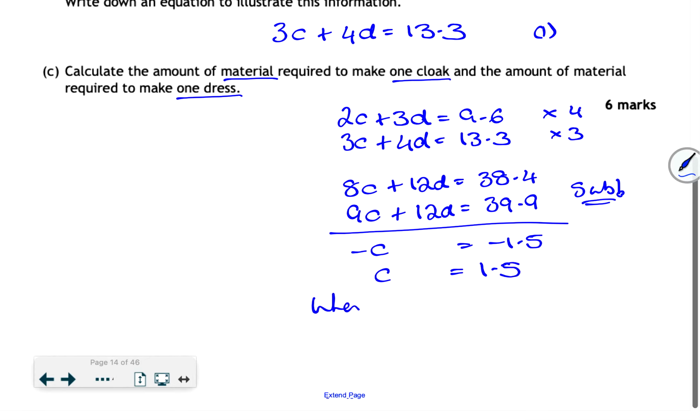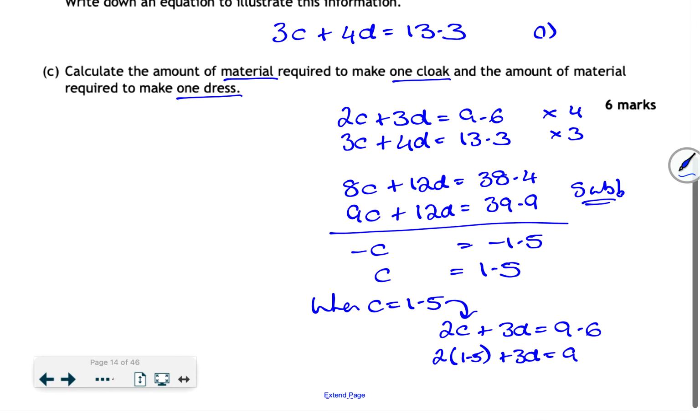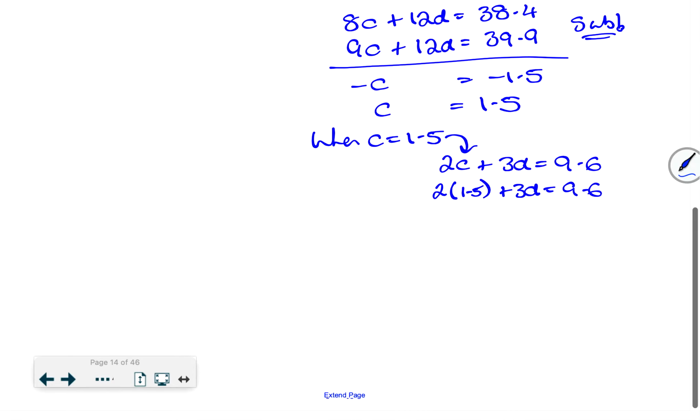So when C is equal to 1.5, put it into any equation so we can make it say, top equation is going to be 2C plus 3D is equal to 9.6. Put it into that, so it's going to be 2 times 1.5 plus 3D is equal to 9.6.